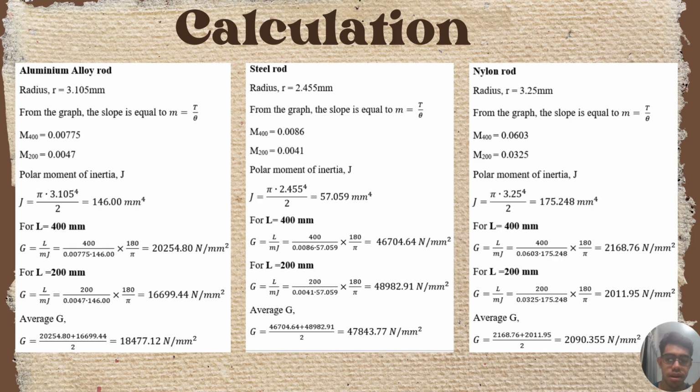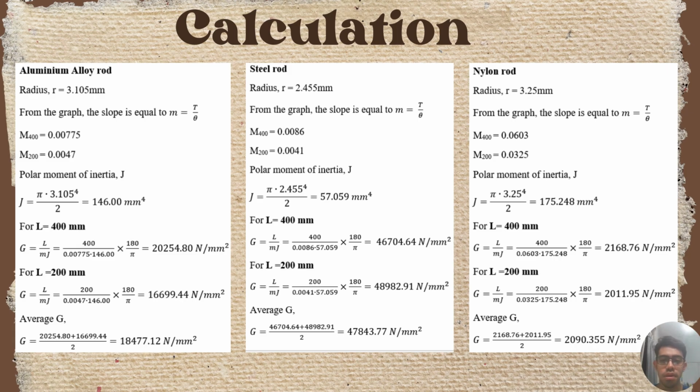For L, the length of rod, which is 400 mm, the modulus of rigidity is 20254.80 Newton per millimeter square.